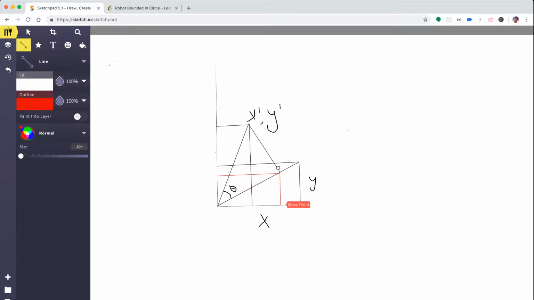So this is 90 degrees, and we can see that.